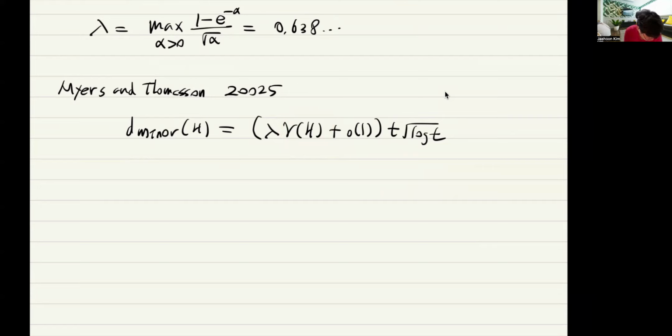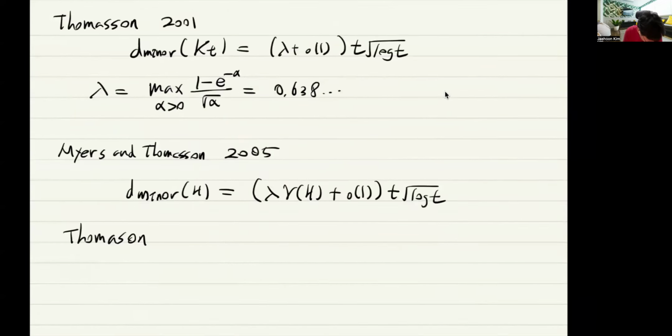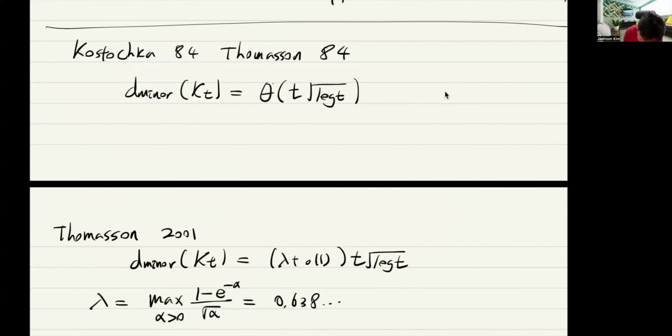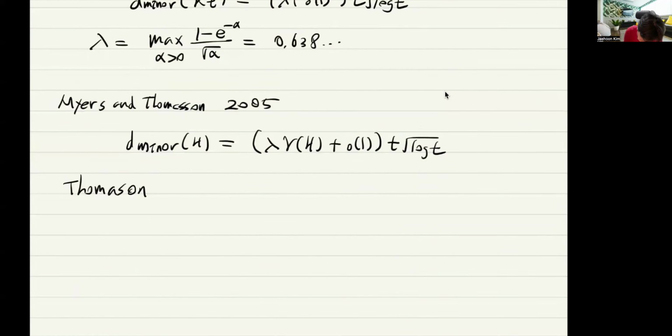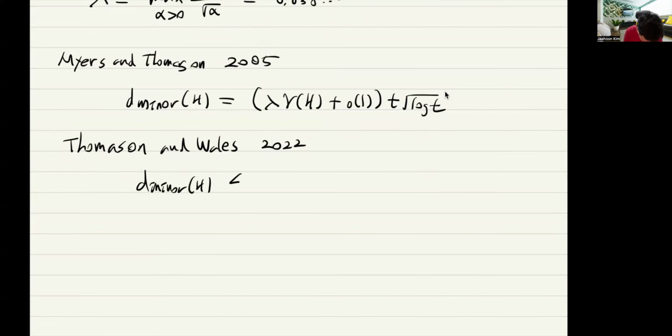And in 2005, later Thomason and Wales in 2022 showed that you can actually plug in the square root of the average degree of H in here.